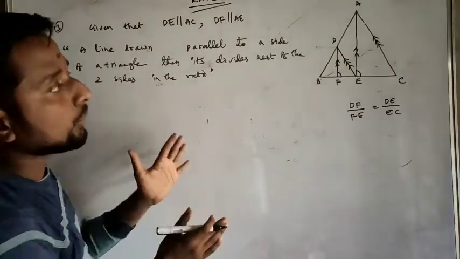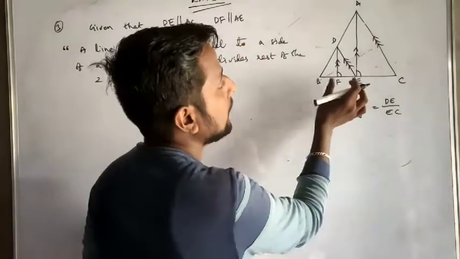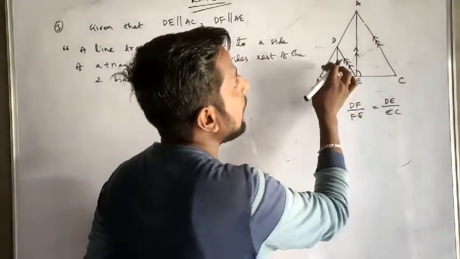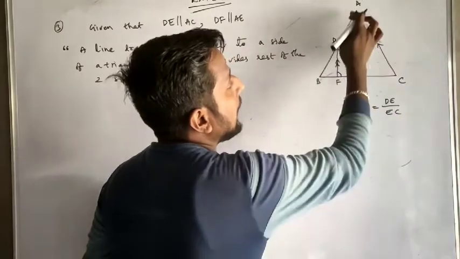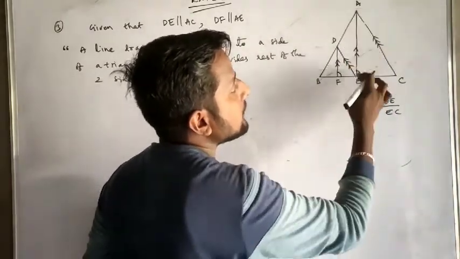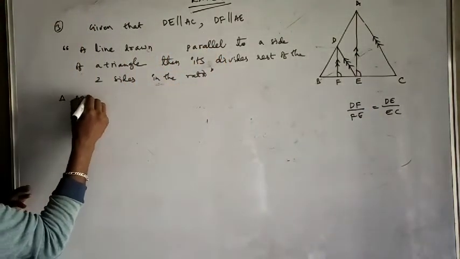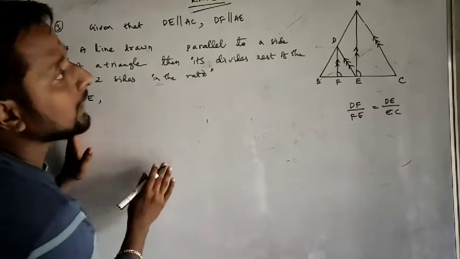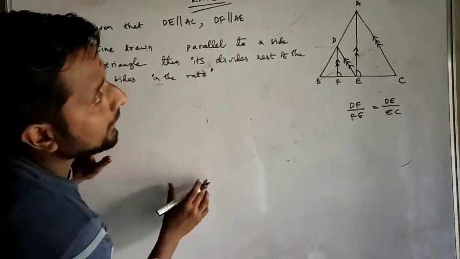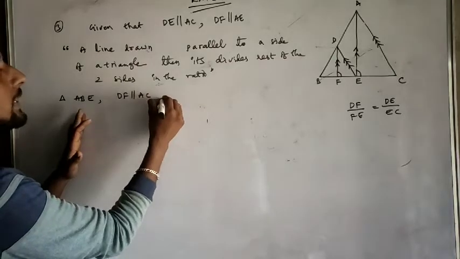Now just look at only one pair of parallel lines first, these two. So up to here, ABE is a triangle, am I right? ABE is a triangle. So in triangle ABE, I'll write that DF is parallel to AC.